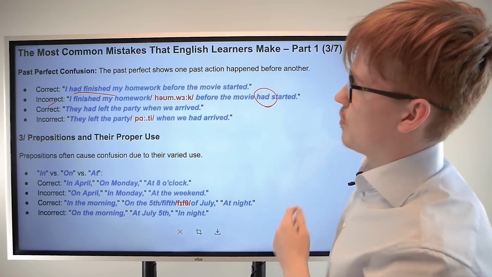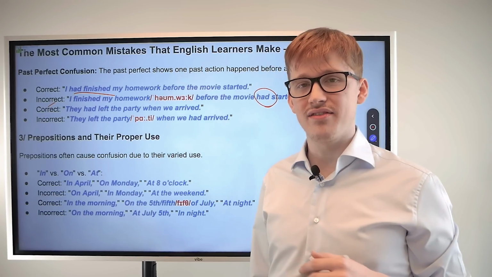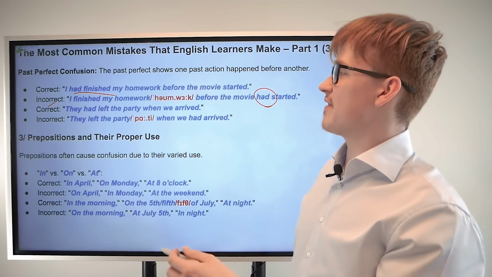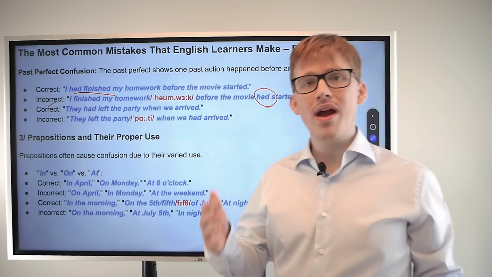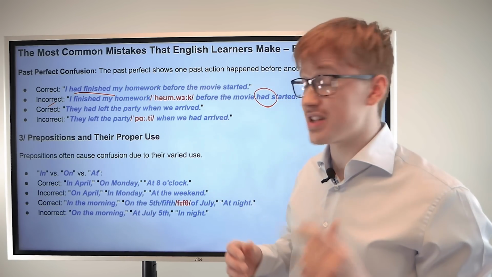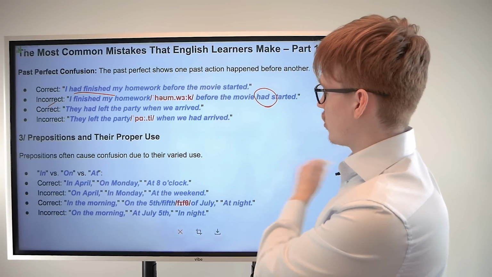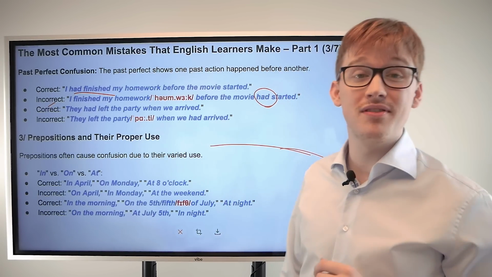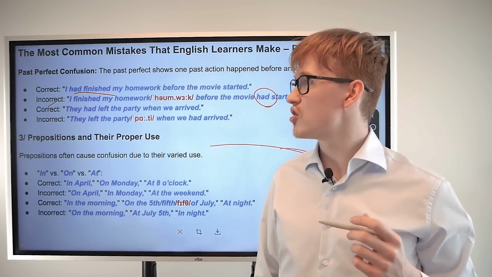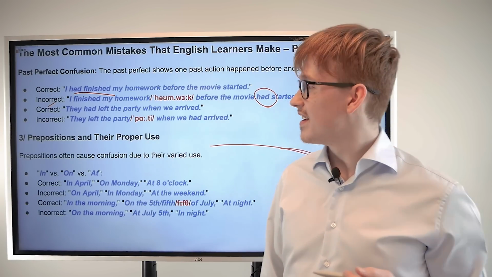Let's have a look at another one here. They had left the party when we arrived, as opposed to they left the party when we had arrived. Can you tell me, and let's do this together, guys, because this is the way that you're going to learn: on our timeline, which one happened first? Which one should we have in the past perfect?